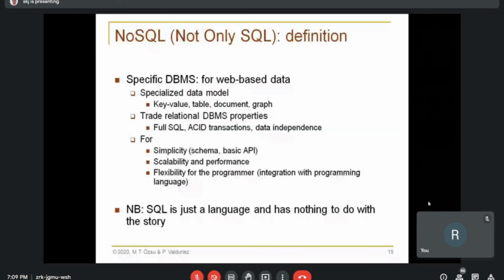A specific database management system for web databases, with a specialized data model: key value, table, document, and graph. They trade relational database features, full SQL, ACID, transactions, for simplicity. This we have covered.